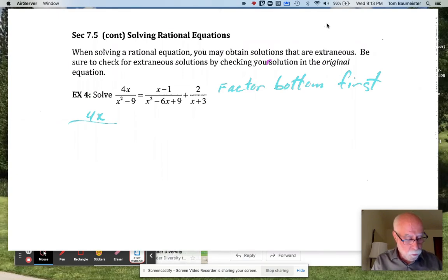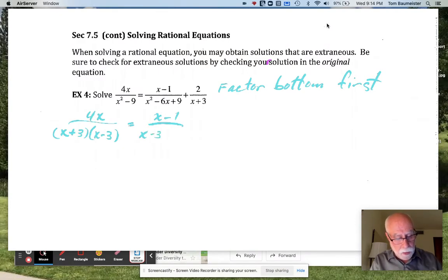That is going to be a difference of squares. So that'll be x plus 3, x minus 3. On the other one, I have x minus 1. Let's see, when I factor that, I'll have x minus 3 times x minus 3. I'll go ahead and leave it right like that for the second.